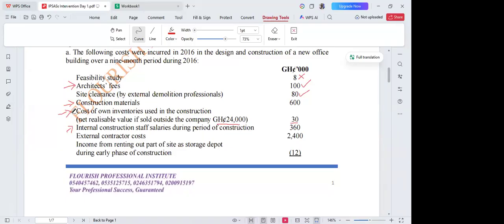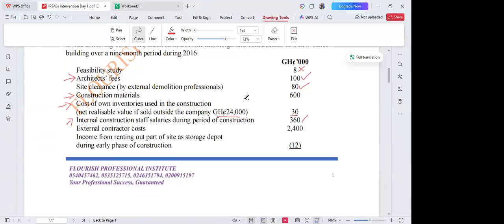This is internal construction staff, that means they are the ones constructing the asset. That's why we add it to the cost of the asset. Kwesi, you get it? Exactly. You're now fine, right? Yes, I am.